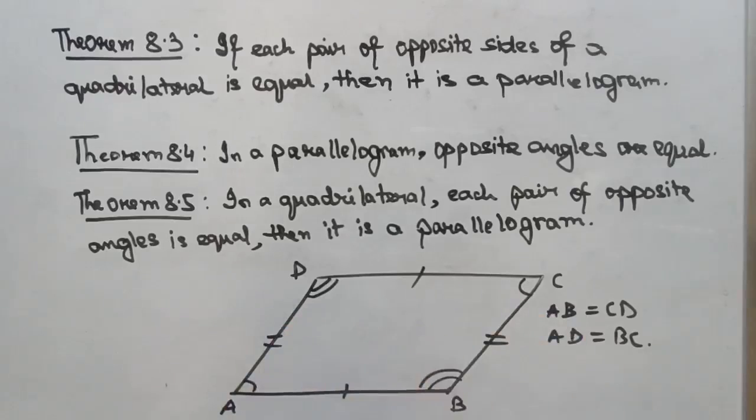If ABCD is a parallelogram, then angle A will be equal to angle C, angle B will be equal to angle D. And theorem 8.5 says in a quadrilateral, if each pair of opposite angles is equal, then it is a parallelogram. Suppose in ABCD, angle A equals angle C and angle B equals angle D. Then the given quadrilateral is a parallelogram.